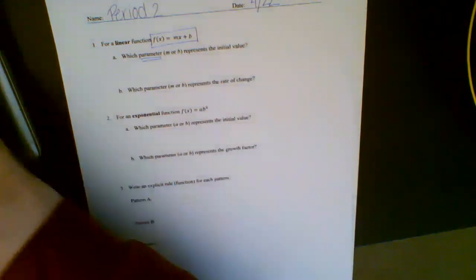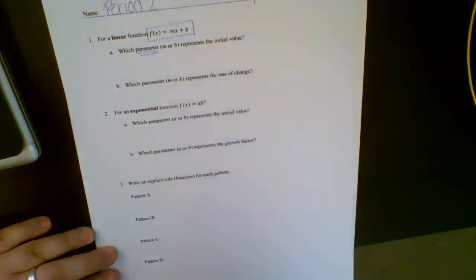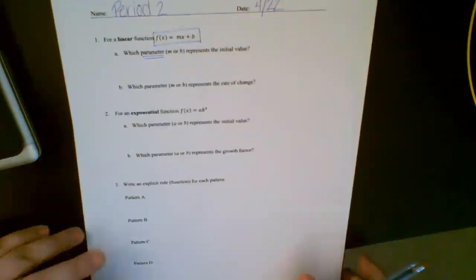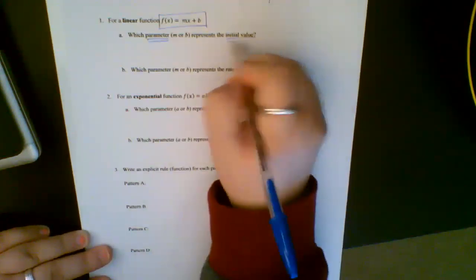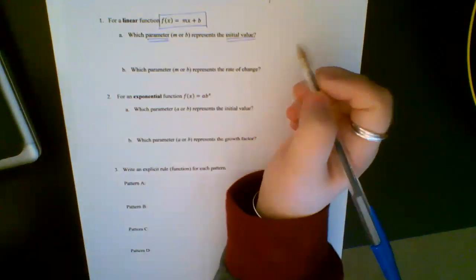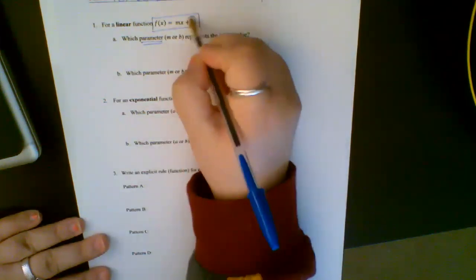Well, if you think about lines, right? M and B are 2 things that determine the shape of the line, how it grows, which direction it grows in, okay? The initial value is where that graph starts, as I would say in class, right? Starts. And it starts on the y-axis or on the y-intercept.